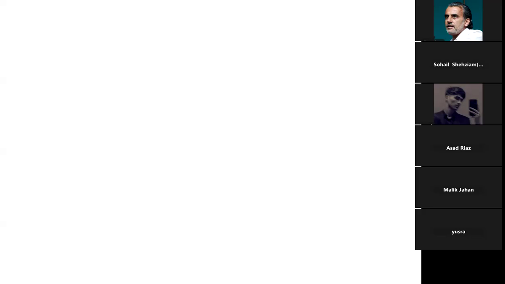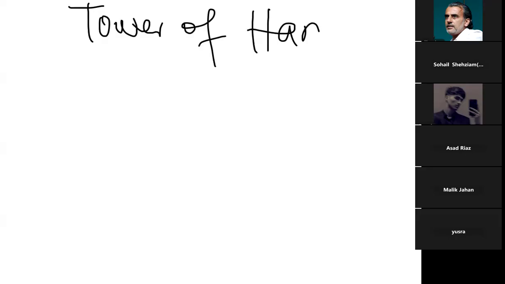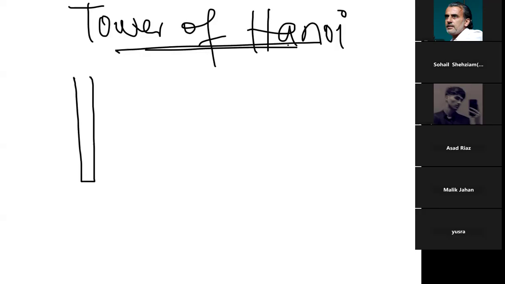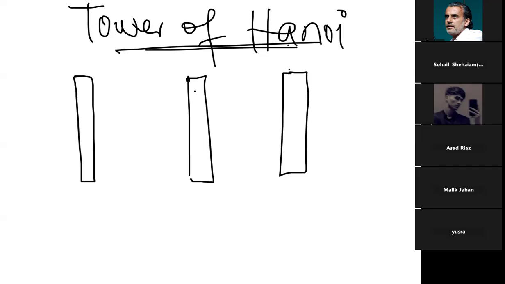So let's start with the problem of Tower of Hanoi. The problem is that we have three vertical towers. The first tower contains n disks, pre-sorted in such a way that the smallest disk is on the top and the largest disk is on the bottom.